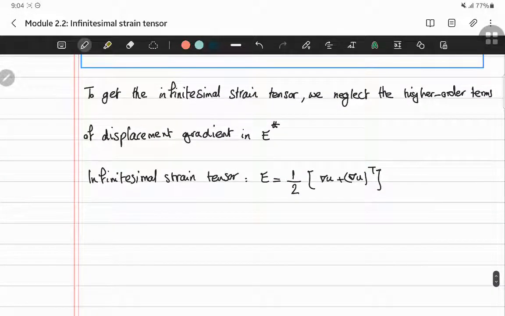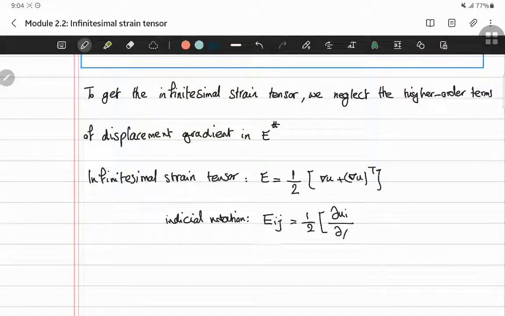If I write this in indicial notation, I have Eij equal to half times the partial derivative of ui with respect to Xj. Remember, we have capital X because we are doing everything with respect to the material description.